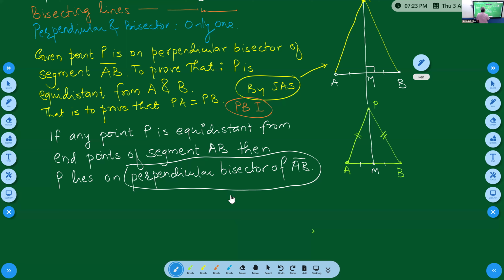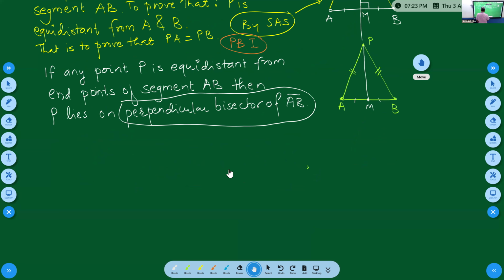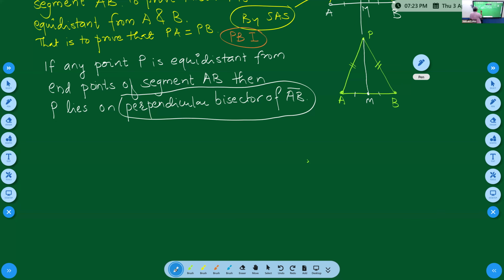So if M is a midpoint, then consider the proof. Triangle PAM with triangle PBM. Statement 1: AM congruent with BM by construction.